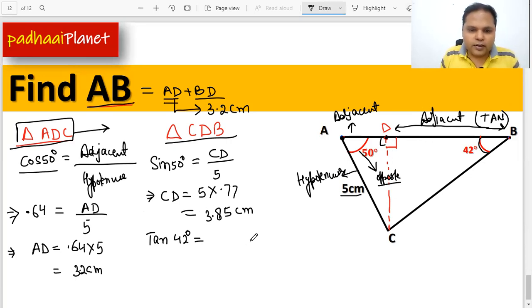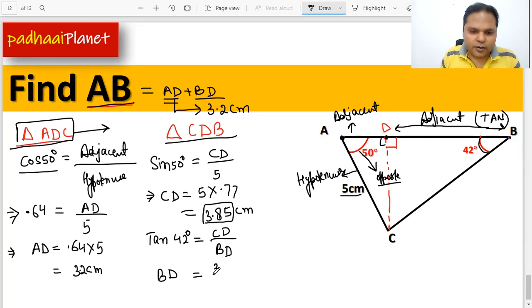So opposite means CD and adjacent means BD, right? And we have to find the value of BD. So BD is equal to CD over tan 42 degrees, and tan 42 degrees is approximately 0.90, and CD we have just found, that is 3.85.